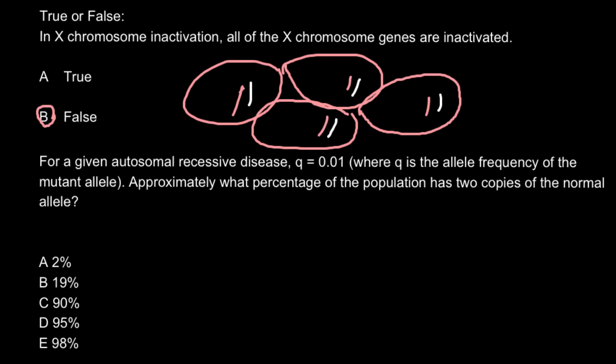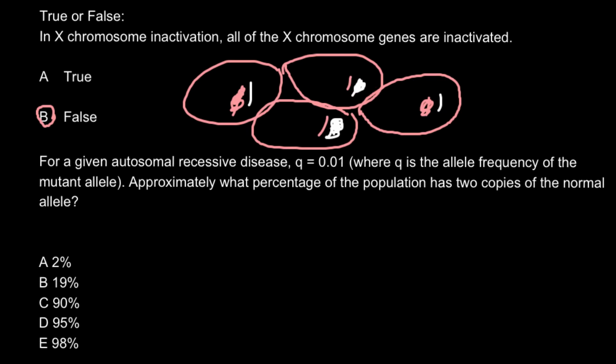In some cells this would be a chromosome from the mother side, in others from the father side, and early in the development, when the embryo is just a few hundred cells, this process begins, and then each cell would develop into a cell line, and all those cell lines would also have the same chromosome inactivated.